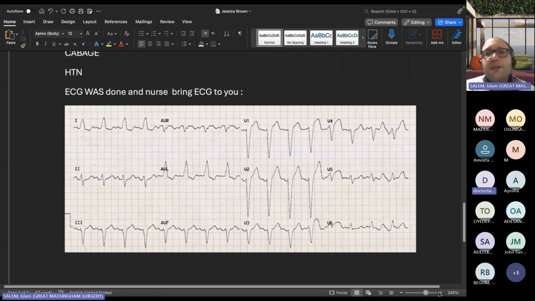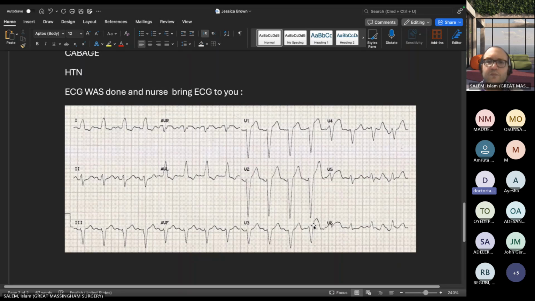So again, we go systematically: rate, rhythm, axis deviation, and then we look at the PR, QRS, ST complexes.